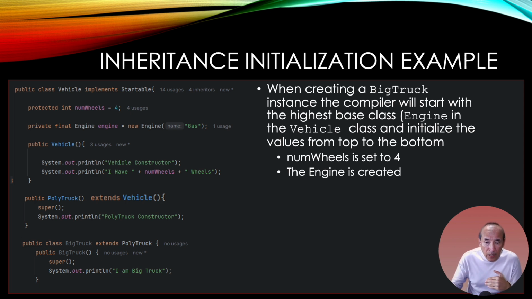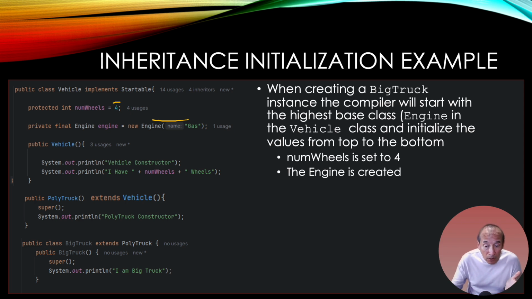All right, so I have big truck extends polytruck extends vehicle, and vehicle is the top parent, and it has a number of wheels, and it also has a relationship to an engine. So what does that mean? That means this gets initialized first, then the engine gets created, whatever the engine needs to do, and then I do what I do in my vehicle constructor.